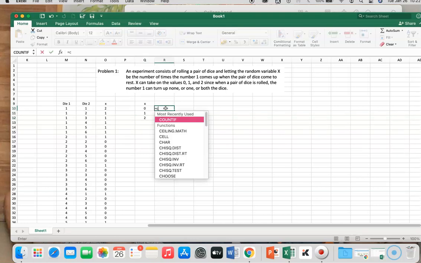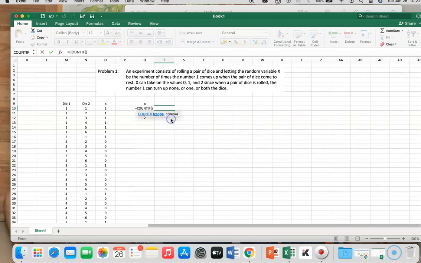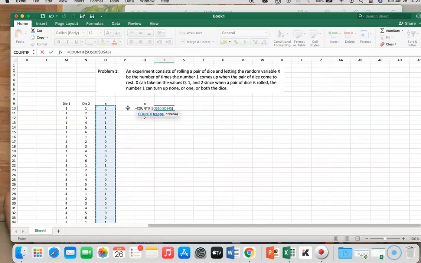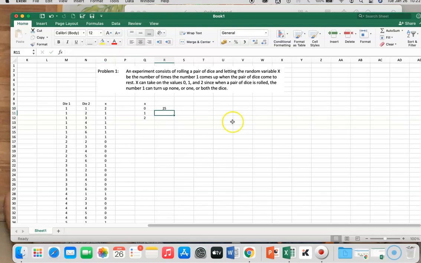Let's use again the COUNTIF function, and then our range here, because we're going to determine how many times 1 didn't turn up. Let's use the F4 key so that the value won't change, and the criteria is 0 because x is equal to 0.